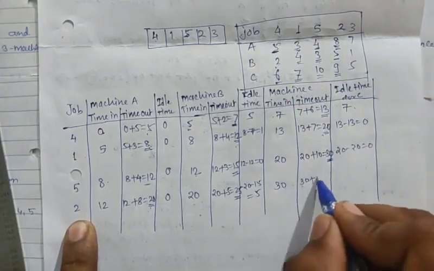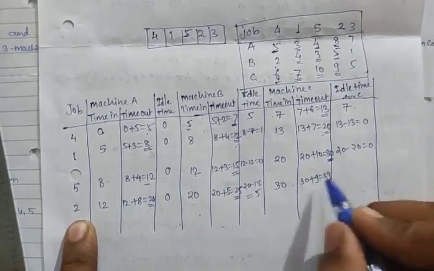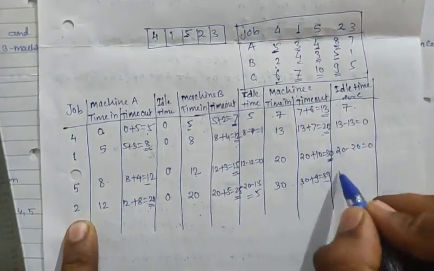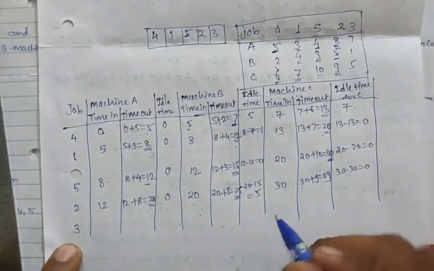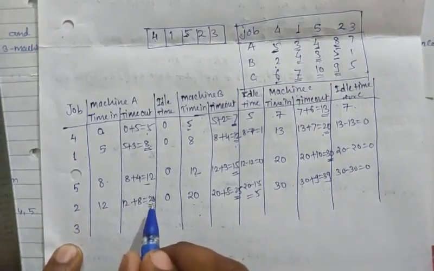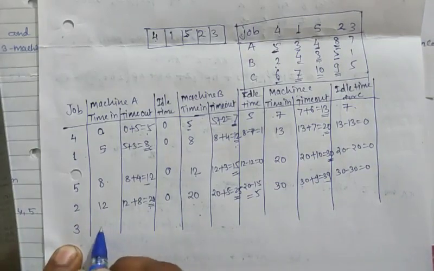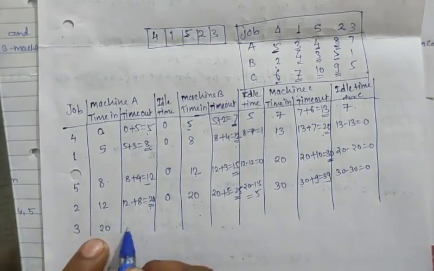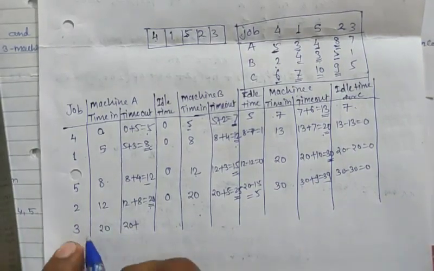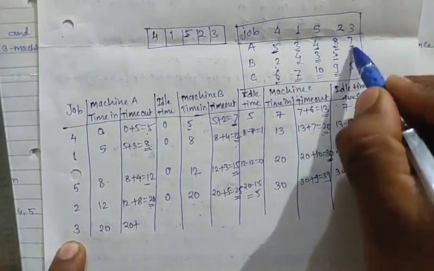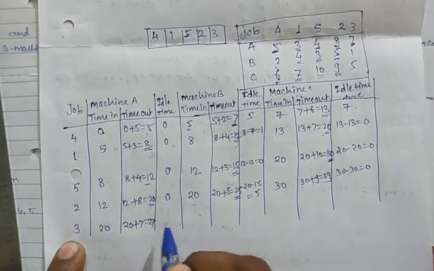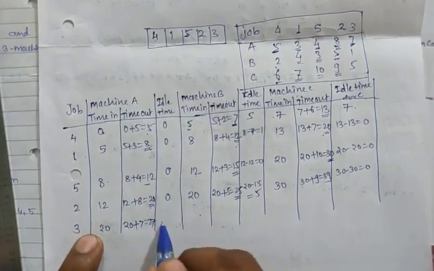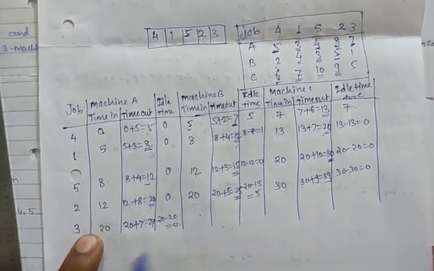So 30 plus 9 which is equal to 39, and idle time will be 30 minus 30 which is equal to 0. And for last, time out of second job is time in of third job. So 20. Now 20 plus, third job on machine A requires 7 hours, which is equal to 27, and idle time will be 20 minus 20 which is equal to 0.